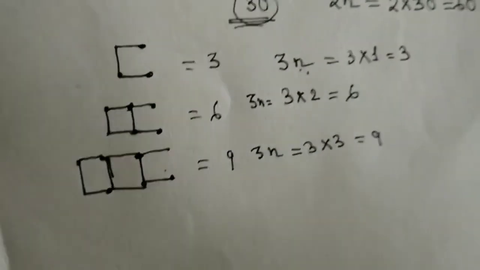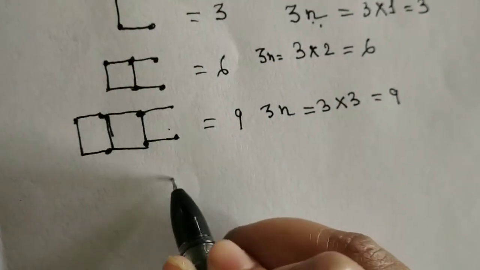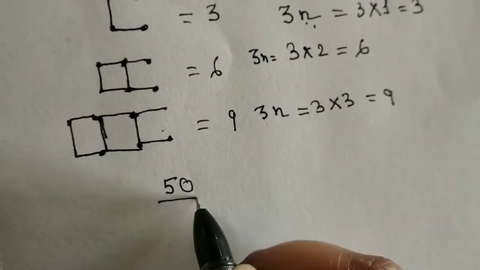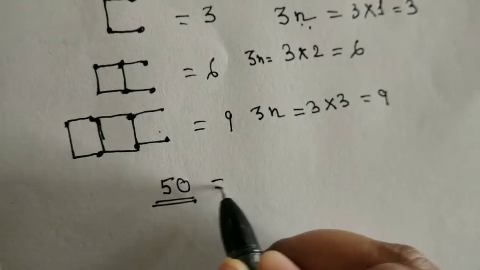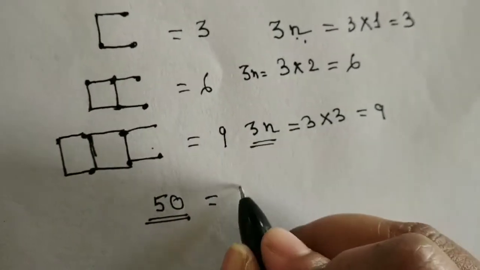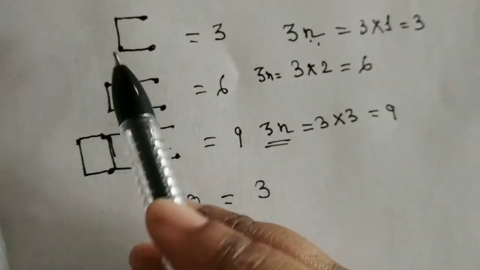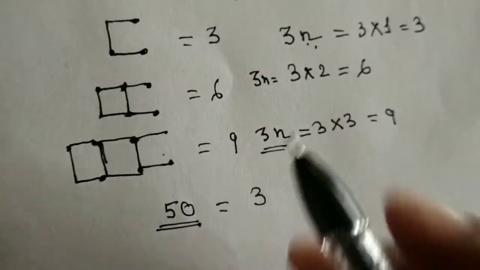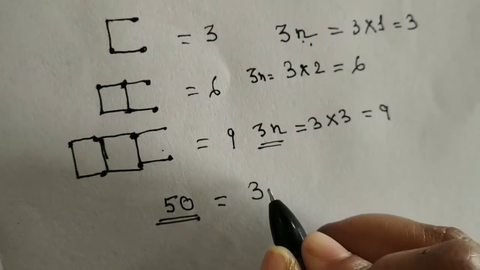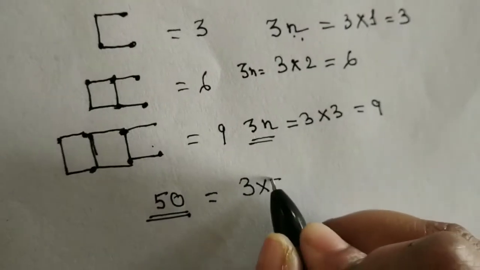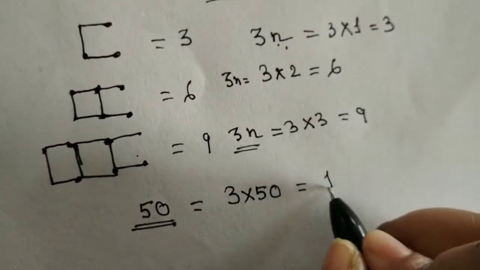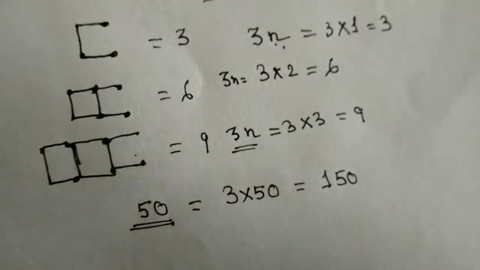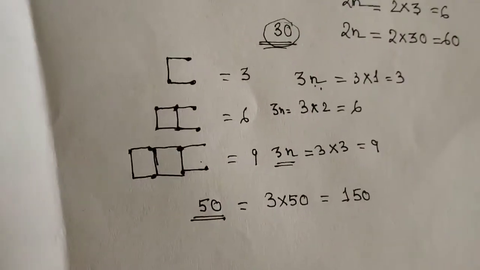In this way, if you want to find, say, 50 C's are there, then how many matchsticks are used in 50 C's? So here the formula will be 3n, because in 1 C we have taken 3 matchsticks. So here 3 into 50. So how many matchsticks will be used in 50 C? It will be 150 matchsticks.